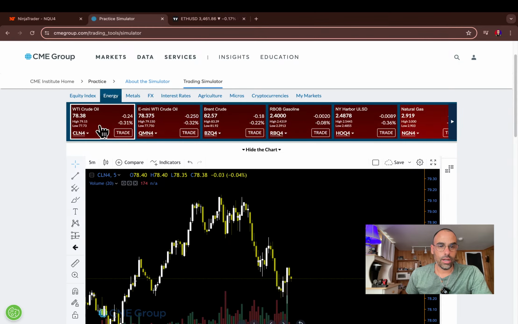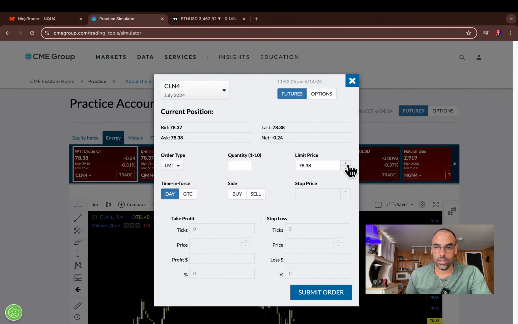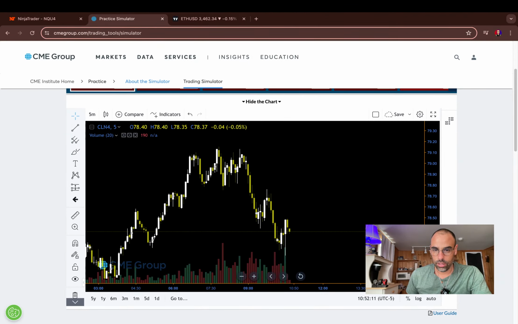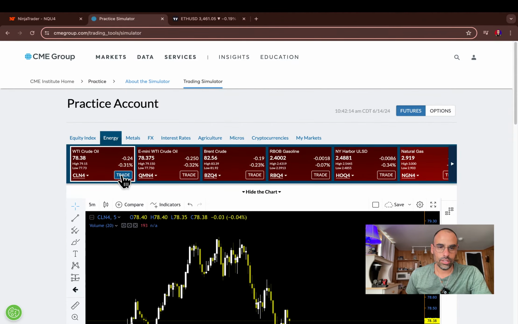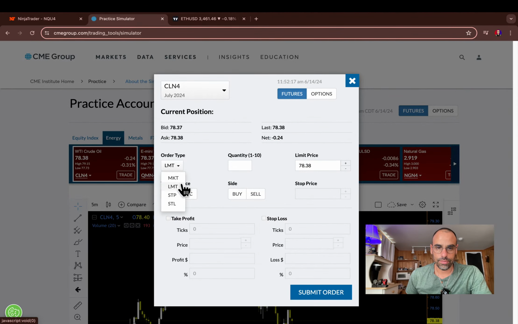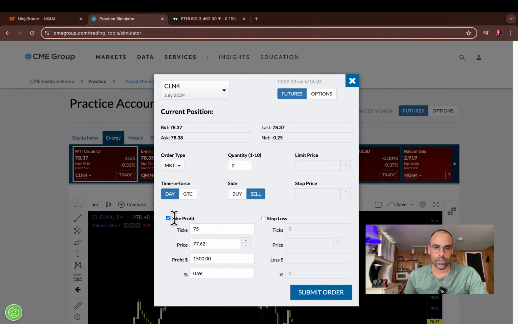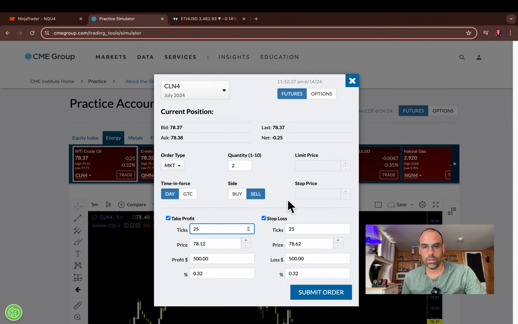One instrument I've been really liking is WTI crude oil. It's just clean. Look at this. Let's sell a couple of shares. Let's do 2 shares. Sell. Actually, let's just do one.